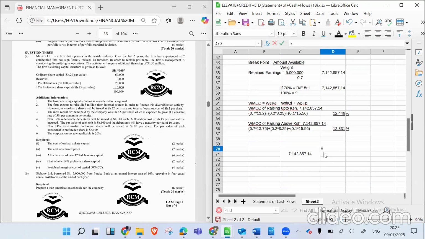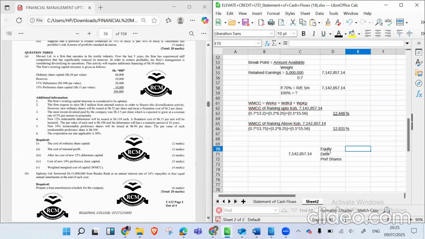It must come from equity, must come from debt, and must come from preference shares. Remember, we said that the firm will raise the new funds from each of the capital components as per their proportion in the optimal capital structure. Even if I want to raise 10 shillings, the 10 shillings must come from all the three sources.